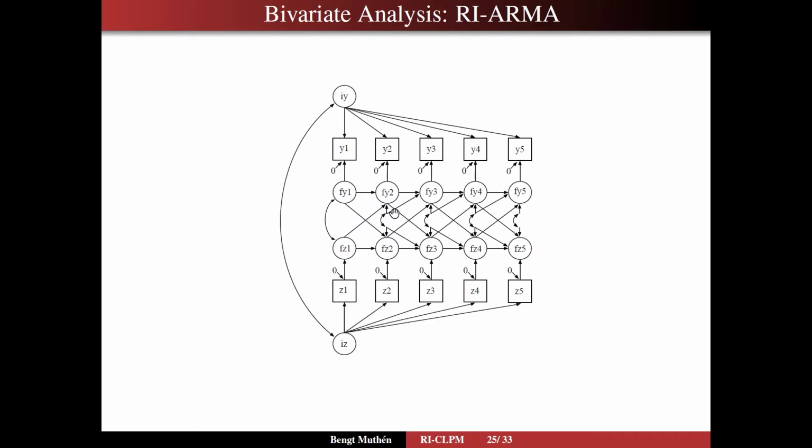So you have these cross effects between the residuals as well as between the variables themselves. But that is a more complex model with more parameters and would then require more time points. So this is a parsimonious model that may be sufficient.